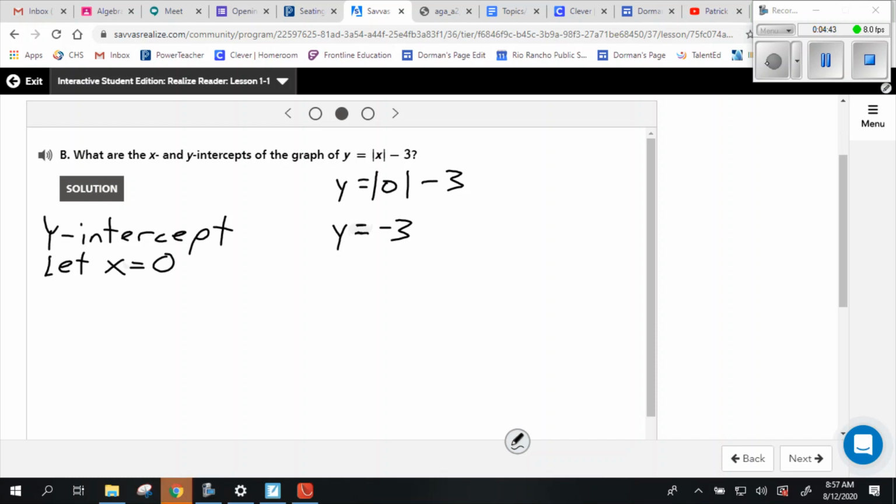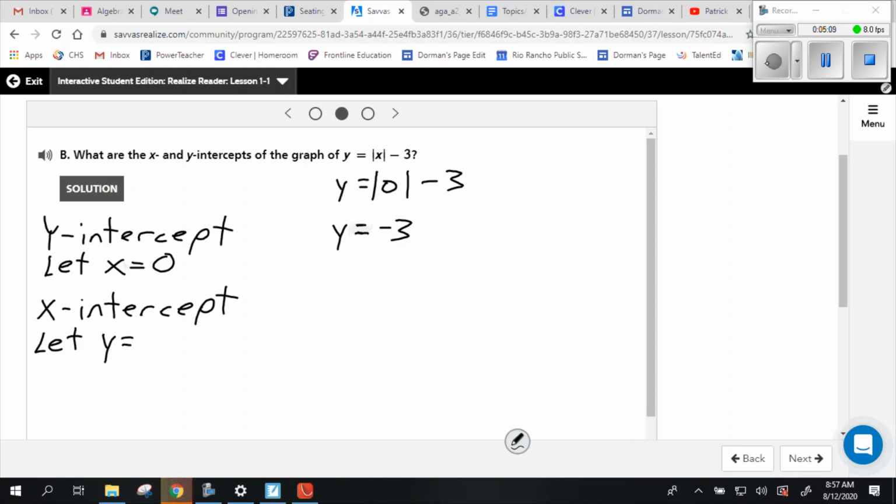Well, for the same reason, isn't it true that every single point on the x-axis has a y-coordinate of 0? So if I want to find out what my x-intercept is, I'm going to let y equal 0.